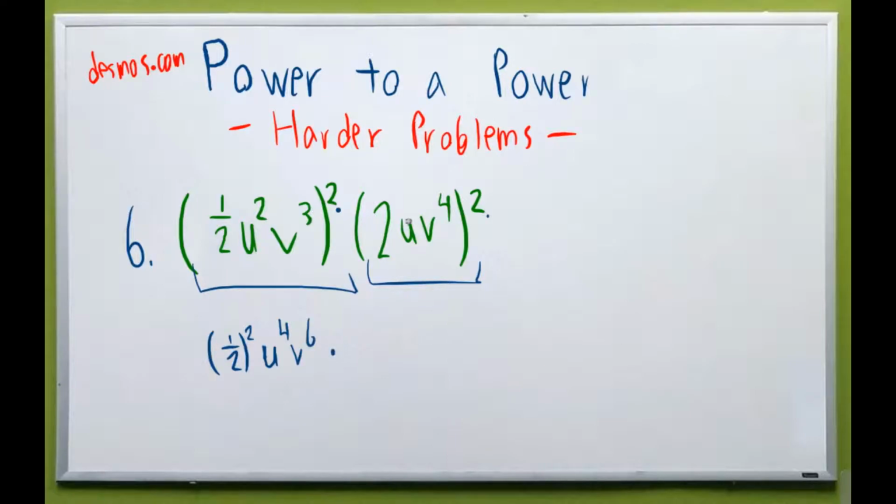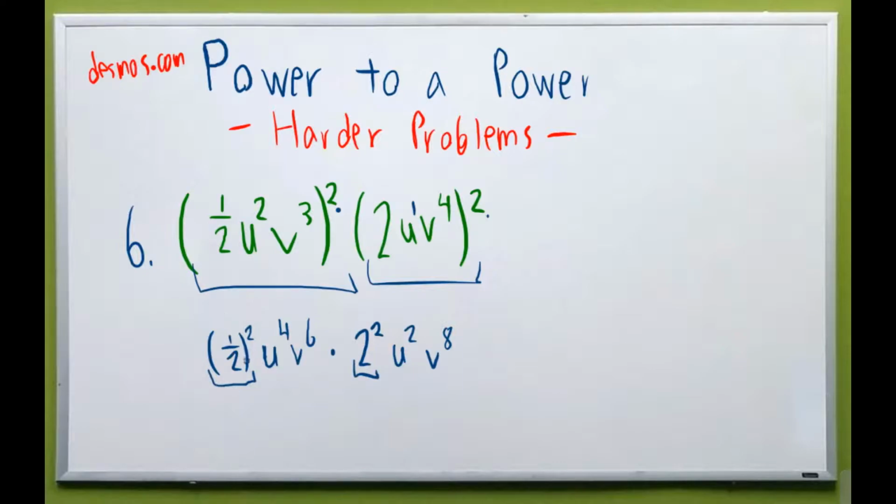And then on the other side, or right next to it, we have 2 squared, u squared, and v to the 8th power. 2 squared, u squared, 1 times 2 is 2, and 4 times 2 is 8. So let's go ahead and simplify the parts where the numbers are raised to 2.